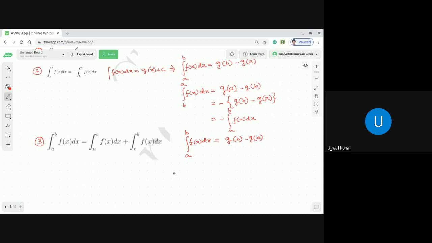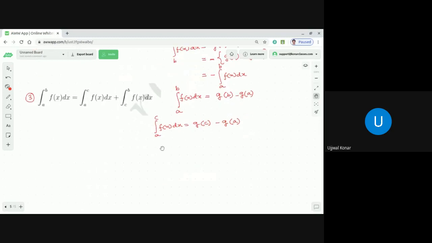Correct or not? So now integration a to c f(x) dx will be g(c) minus g(a). Correct or not? And integration c to b f(x) dx is g(b) minus g(c).